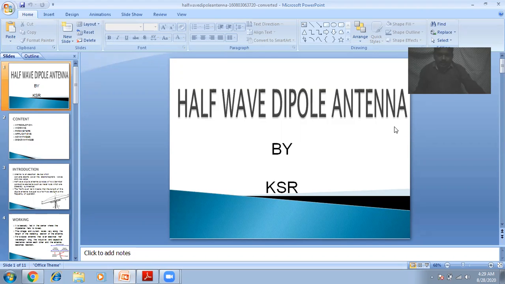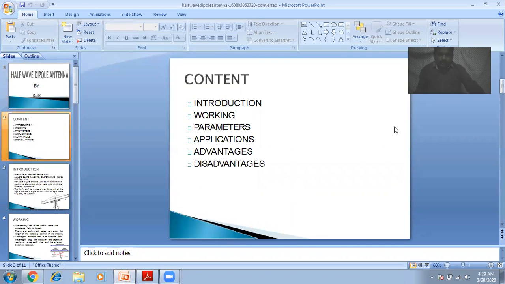It is having two poles. Therefore, it is called half-wave dipole antenna. So let us come to the contents of today's session: introduction, working, parameters, applications, advantages, and disadvantages of this half-wave dipole antenna.